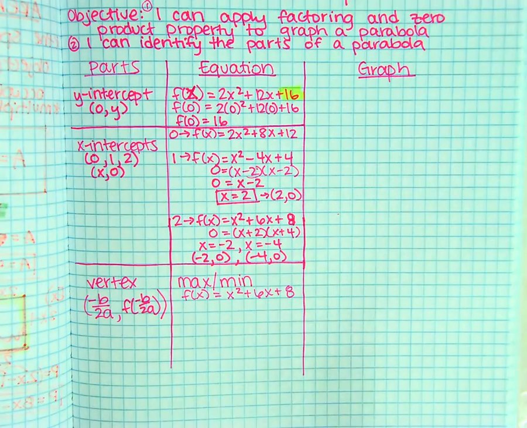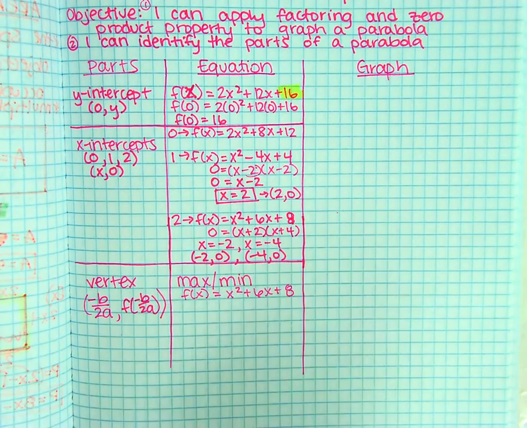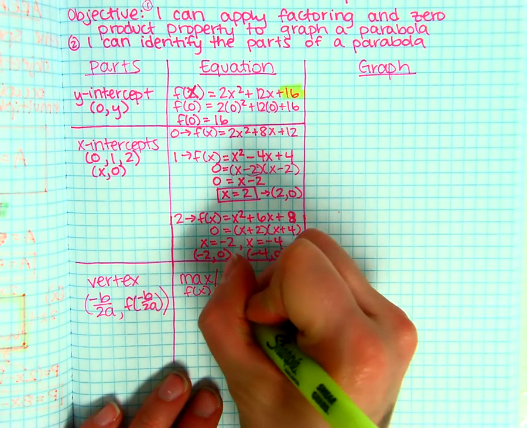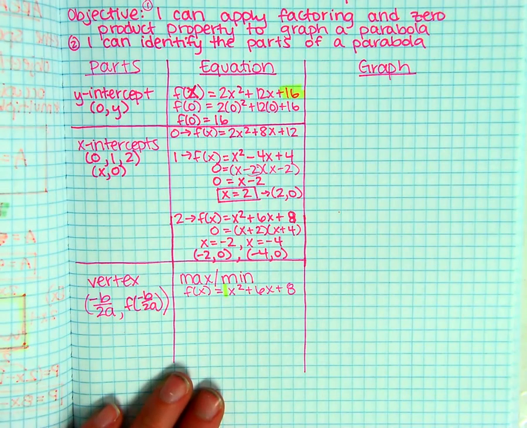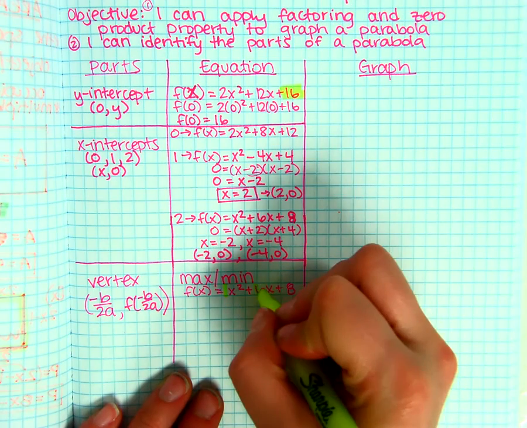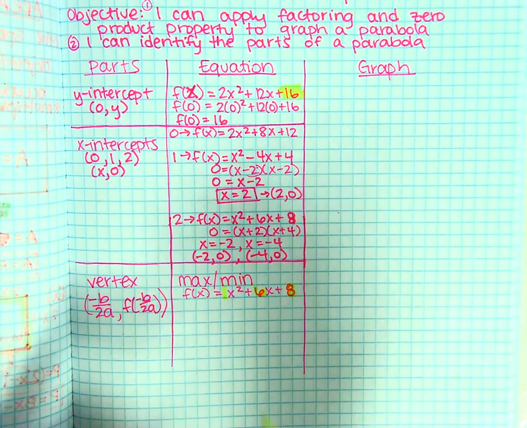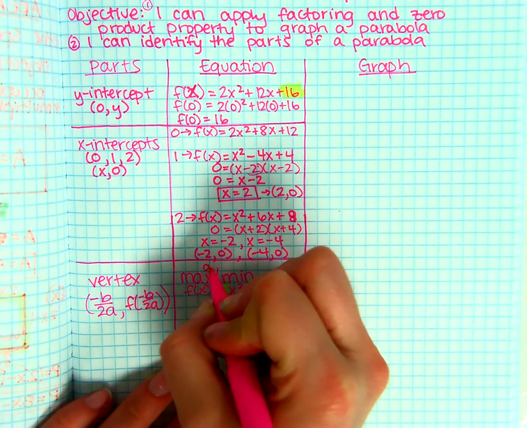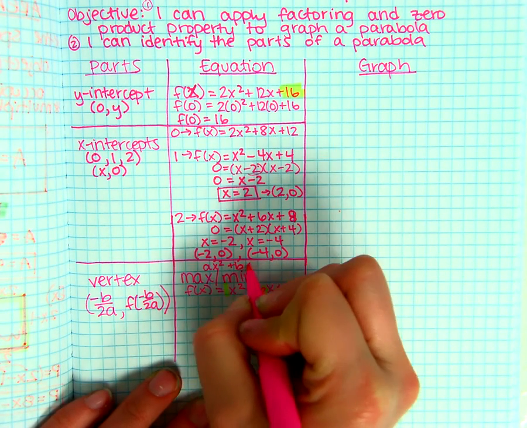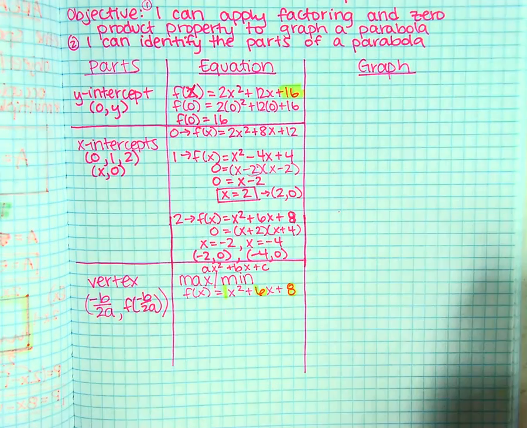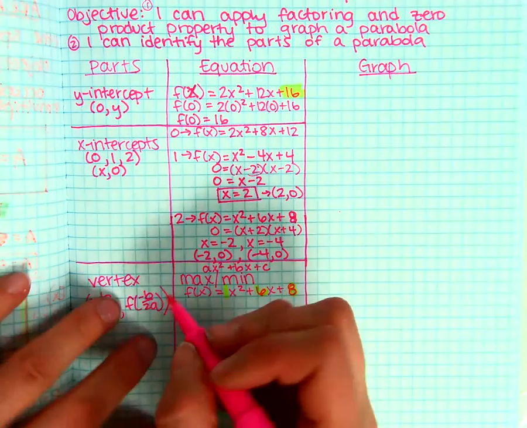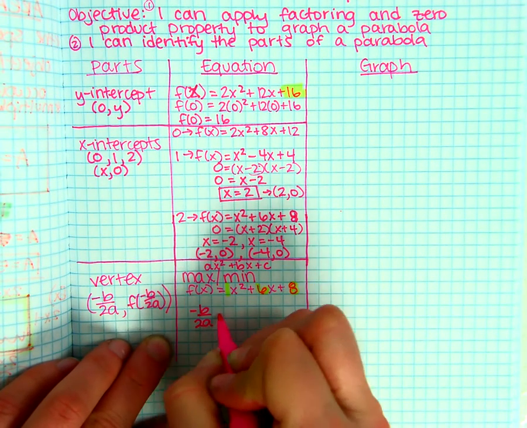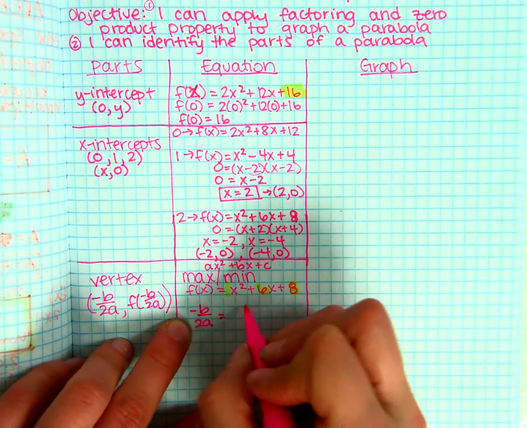All right, if we remember, the coefficient of the x squared is our a, this is our b, and this is our c. Okay, so I'm just going to rewrite that: ax squared plus bx plus c. So negative b over 2a, our negative b is going to be a negative 6.